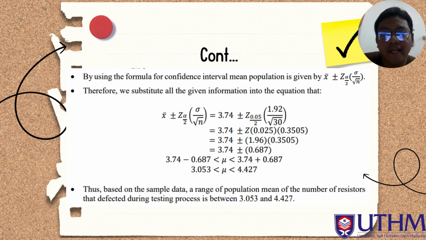Using the formula, the confidence interval for the population mean is given by x bar plus or minus z alpha over 2 multiplied by the standard deviation over the square root of n. Therefore, we substitute all the given information into the equation above.